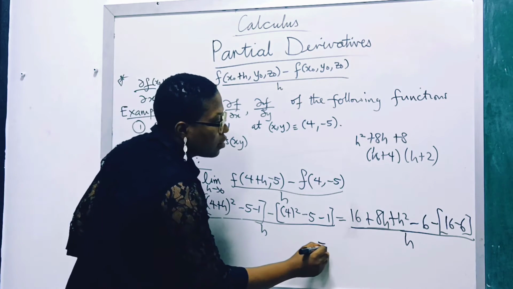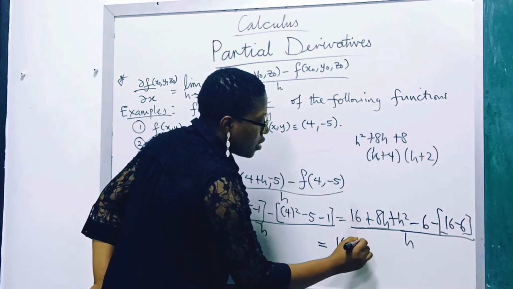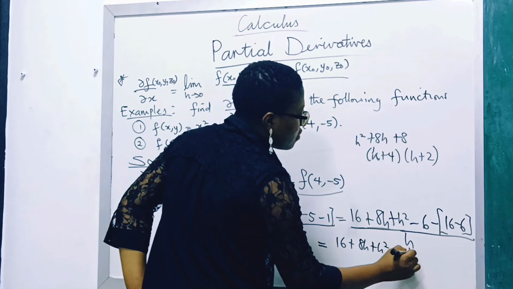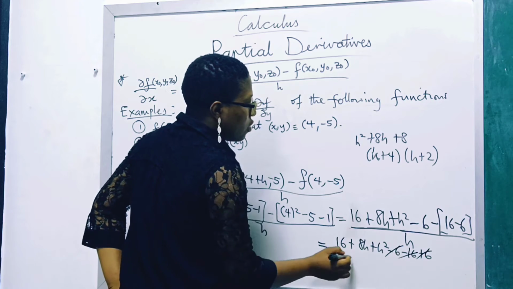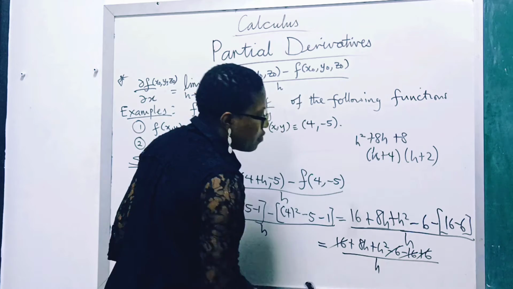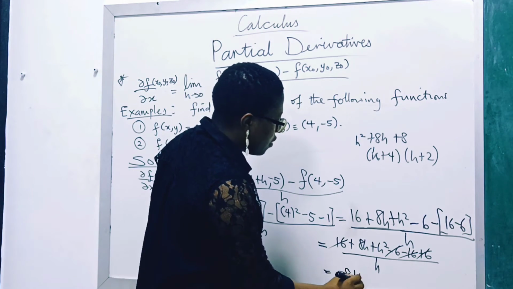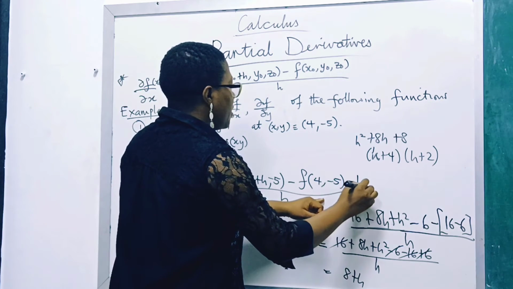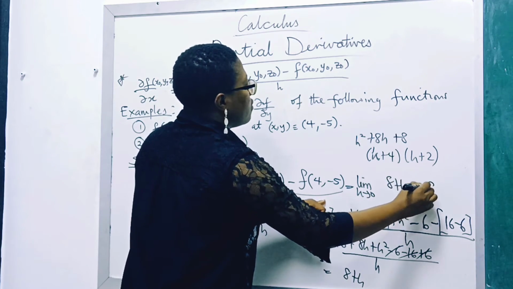So this will give me 16 plus 8h plus h squared minus 6 minus 16 plus 6. The minus 6 will cancel the plus 6, they become 0, and then we are left with this all over h. If I divide through by h, I have 8 plus h. So I'm going to take this up here now. I have the limit as h goes to 0 of 8 plus h, and this is 8.